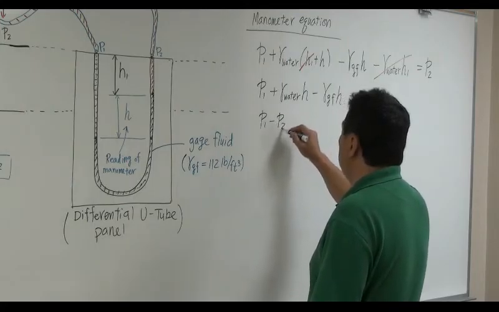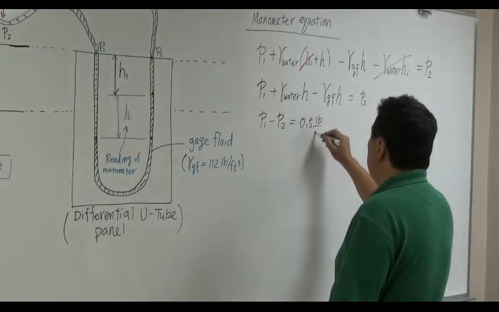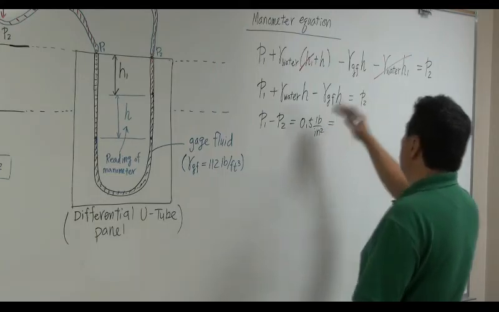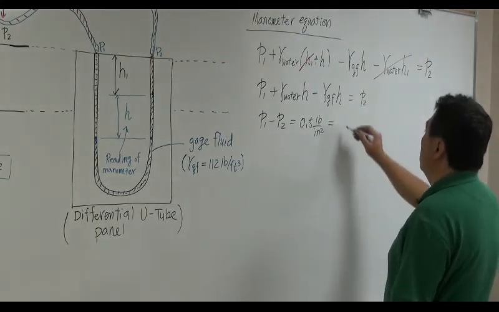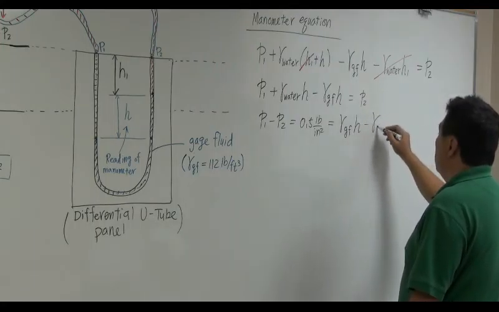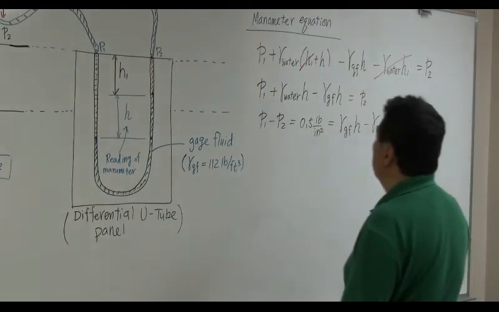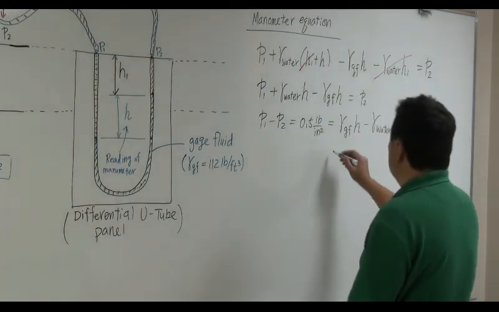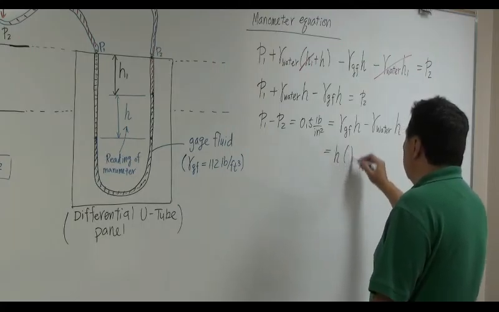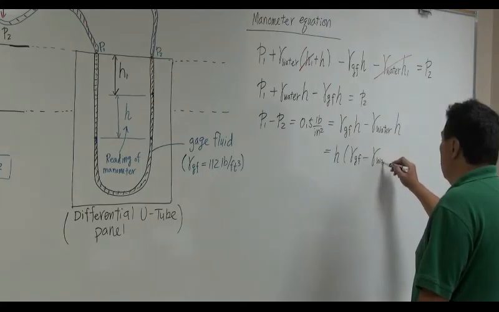We do know this is 0.5 pounds per square inch, which is equal to gamma GF times H minus gamma water times H, which is equal to H times gamma gauge fluid minus gamma water.